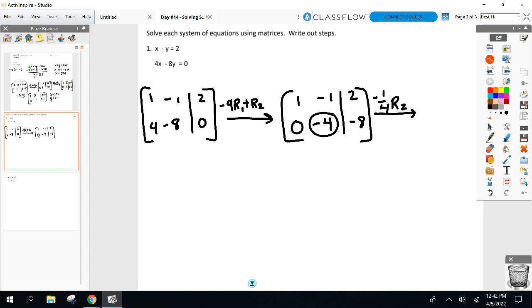That's how you always can get a 1, is multiply that row by the reciprocal. I'll do it down here. 0, 1. What do you got there for -8? 2. 12. Sorry.